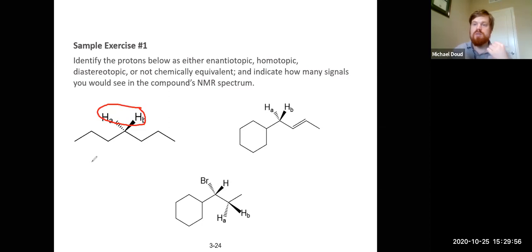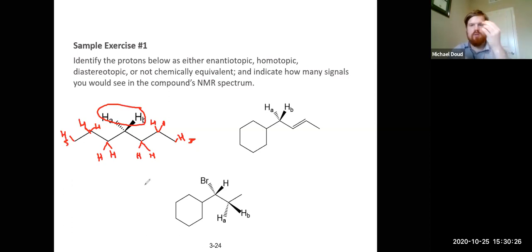Now, the question then becomes, how many other signals are we going to see? So here, H and H, H and H, H, H, and then over here it's H3. I'm just going to put these as H3, H3, H, H. Okay. Now, we figured out already that there's an axis of symmetry here, right?